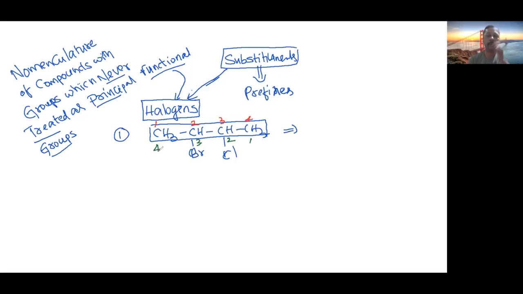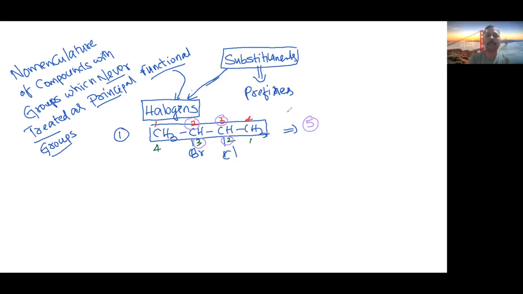Now, numbering either side, you get locants. From left to right, the locants are 2 and 3. From right to left, also 2 and 3. So both ways we get a sum of 5.